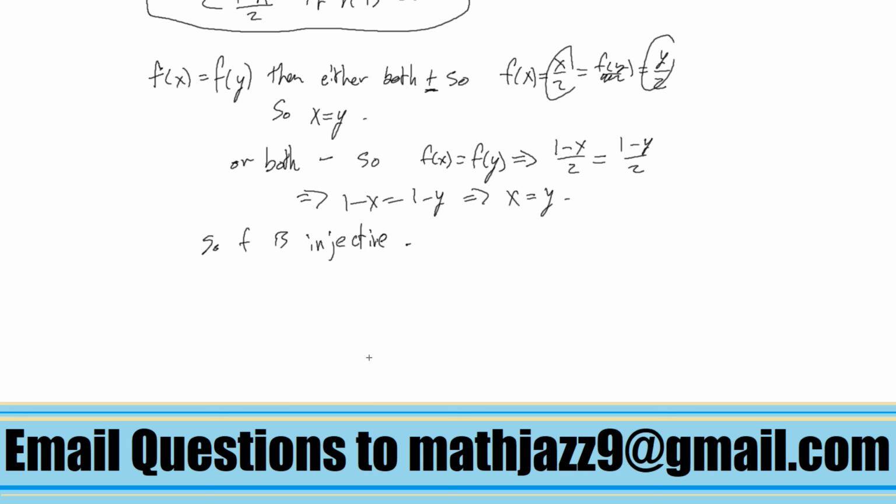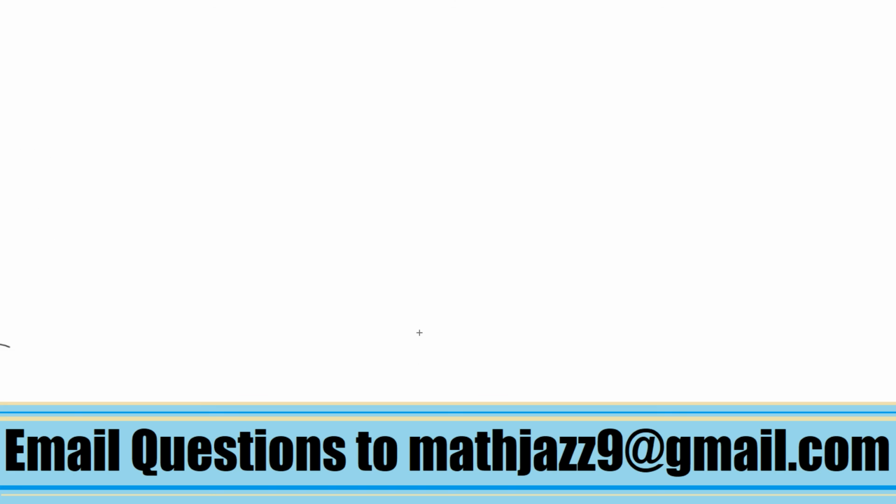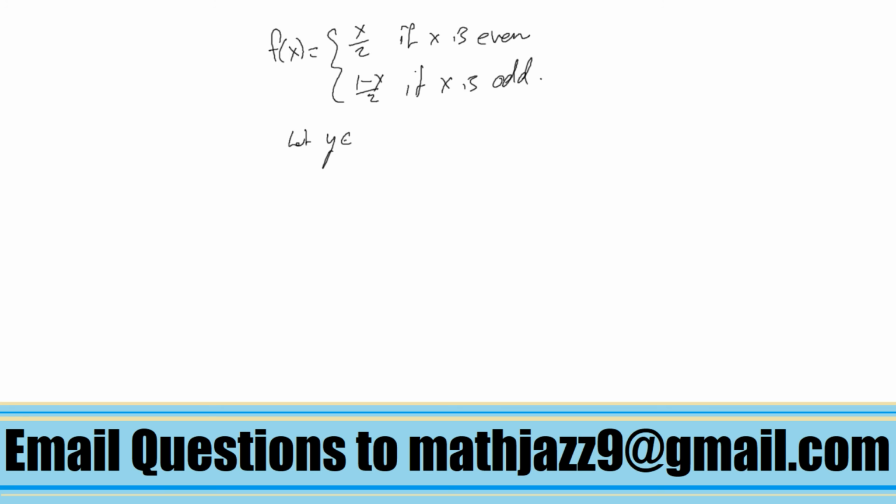Well, now we have to prove that f is surjective. Let's get some more paper. So, f of x equals, let's copy it down. We have x over 2 if x is even. And we have 1 minus x over 2 if x is odd. So, let y exist in z.